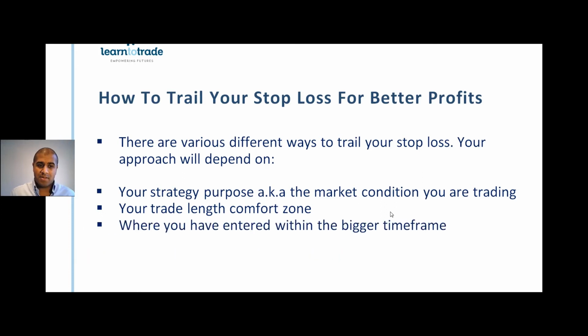So the third thing is this: where have you entered within the bigger time frame? So let's say this is the trend of the weekly chart. And you've entered here, right at the top of the market on the daily chart, because remember, the daily chart will be cycling, making higher highs and higher lows in accordance with the weekly trend.